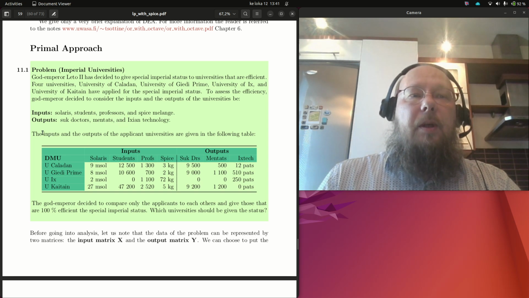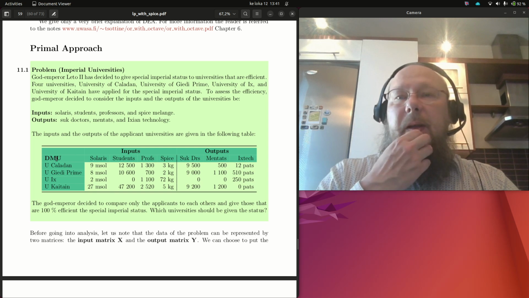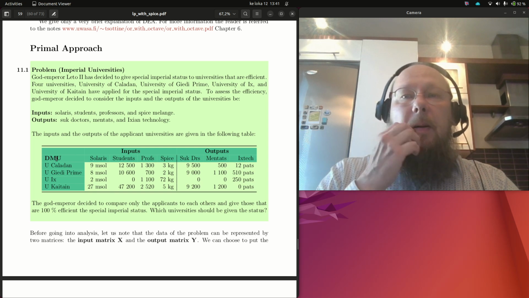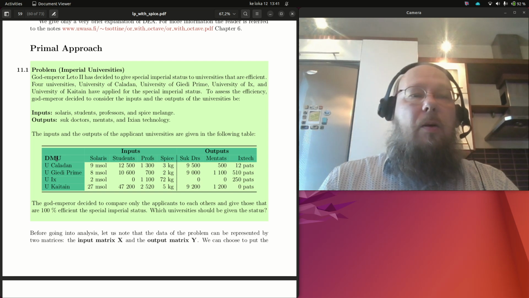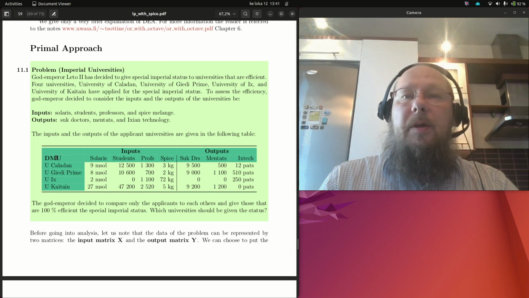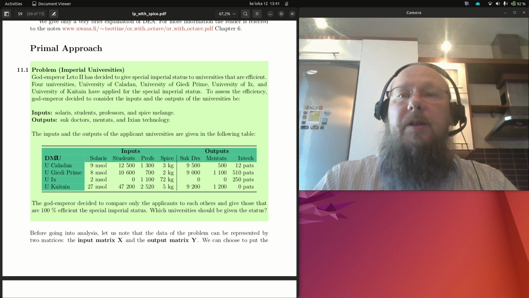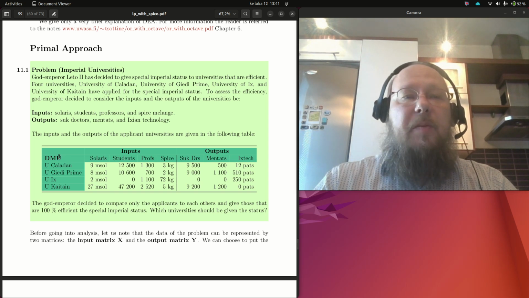The actual data of the problem is given here in the table. Here are the DMUs; the units that are assessed are called DMUs in this business, short for decision making unit. A funny name, but that's what is used.